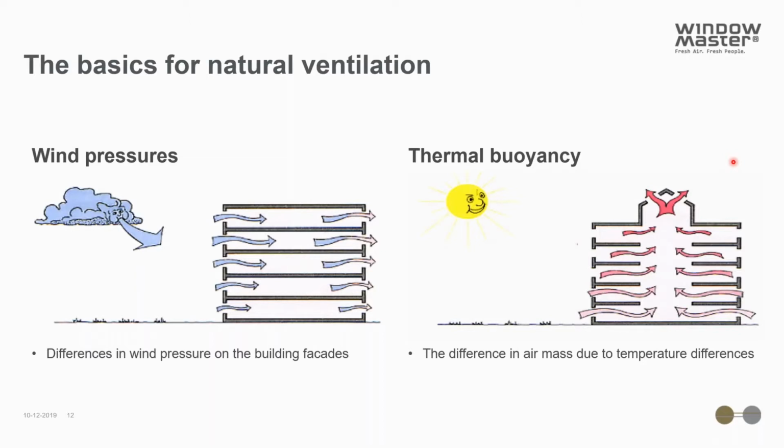So you have single-sided ventilation, cross, and stack ventilation. Optimally, you should aim for one of the last two, as these are the most efficient ones. Cross ventilation will of course be mainly based on the wind pressure, whereas the stack ventilation will also take the thermal buoyancy, the difference in temperature between inside and outside, into account.